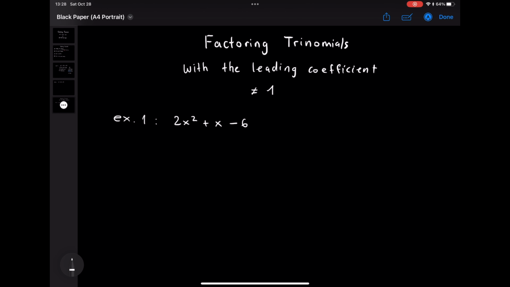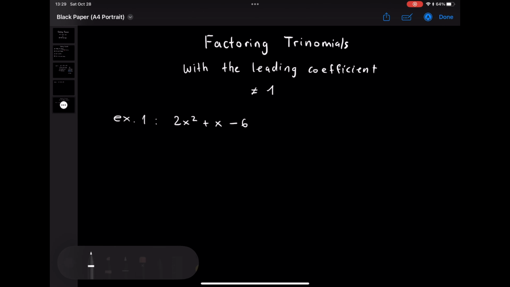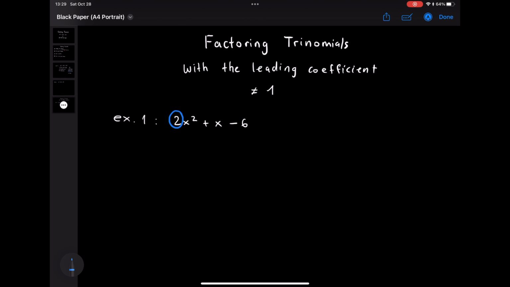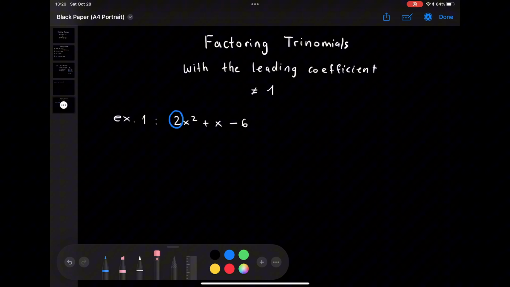So now let's move on to something a tad bit more difficult, but definitely something you can manage. Now we'll be factoring trinomials with the leading coefficient which is not equal to 1. So what we can identify from the structure is that obviously the leading coefficient here would be 2, which is just the number in front of the x squared.